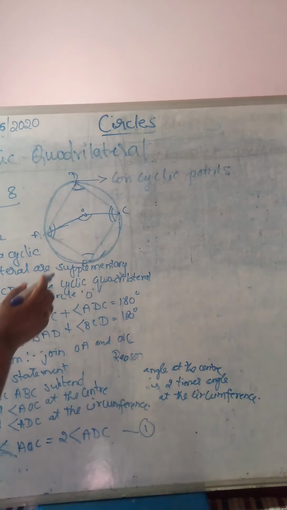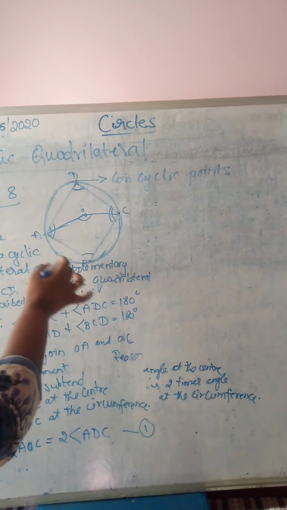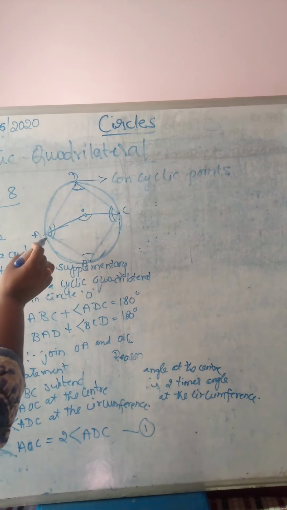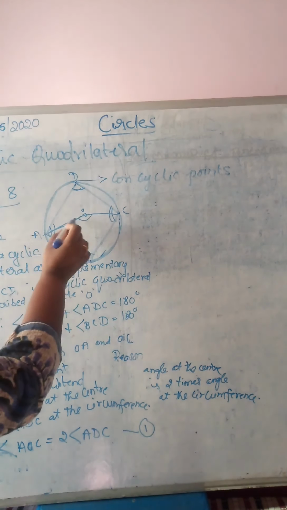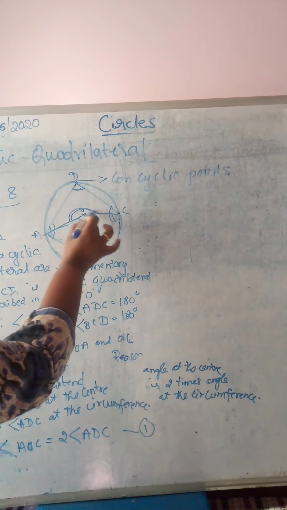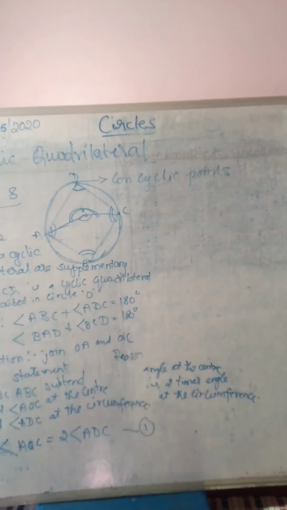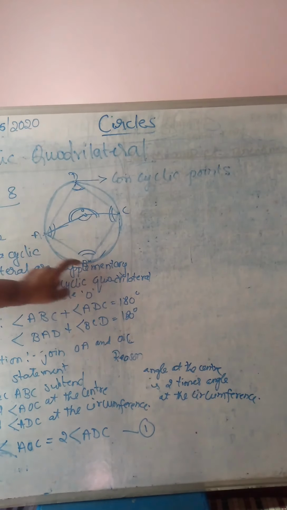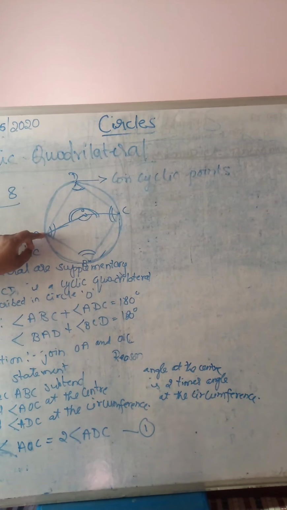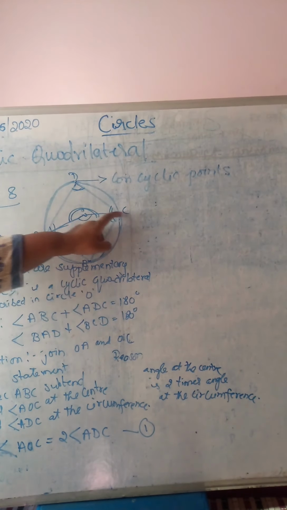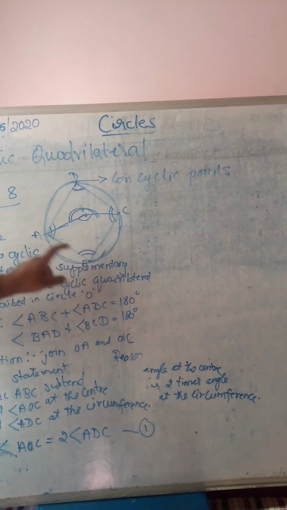The same arc ABC forms an angle at the center here and an angle at the circumference. Always opposite, remember that. There again, this AOC will be double ABC.